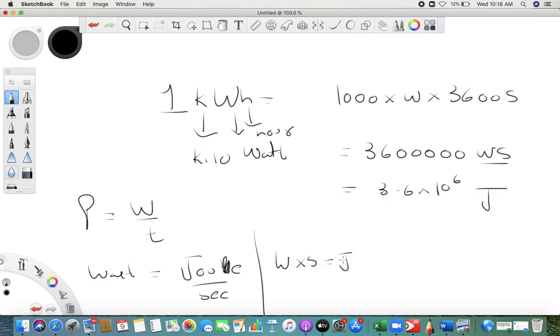Got it? Fine. So you understood what I'm saying? Watt into second, we call it joule. So 1 kWh is also 3.6 into 10 raised to 6 joule, but we also call it 1 unit.